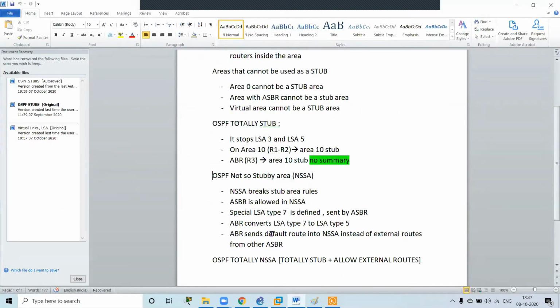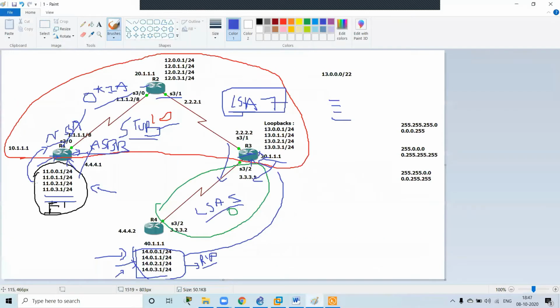In case of a stub only, not NSSA, will we call that LSA 7 or no? In case of stub, you will not get the routes. If you run only a stub in place of NSSA, you will not get these routes inside the area.